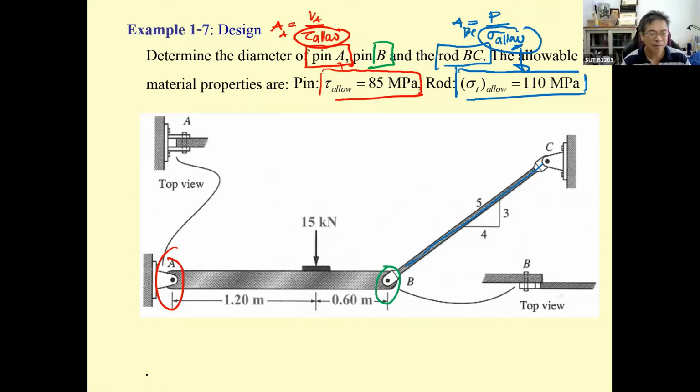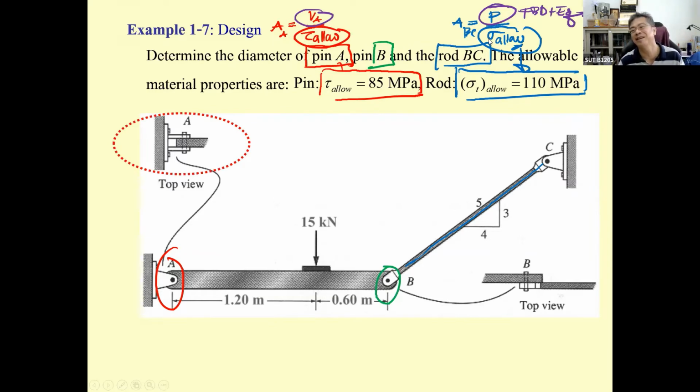By doing this, you have to use the free body diagram and the equation of equilibrium to determine the internal shear force and internal normal force. Let us just do the same thing. It's going to provide us the same answer for the free body diagram and the equation of equilibrium.